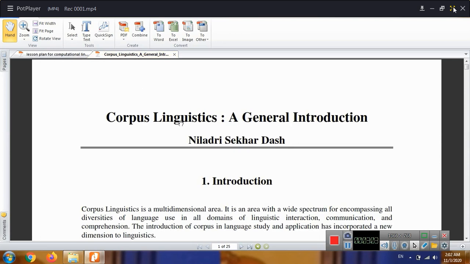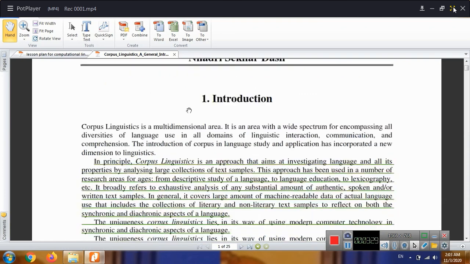But first, for the first session, I want to explain the general introduction to Corpus Linguistics. Computational linguistics is concerned with Corpus Linguistics, and we will read some booklets and articles concerned with Corpus Linguistics.